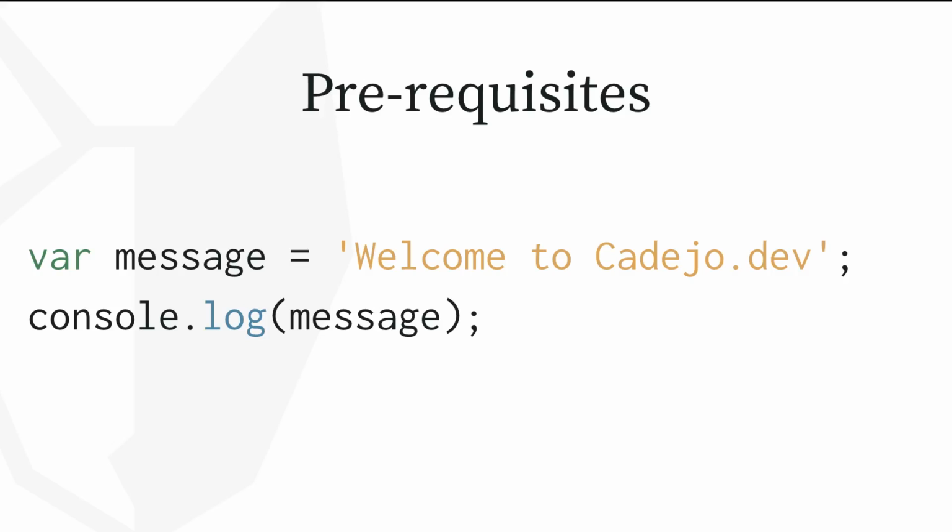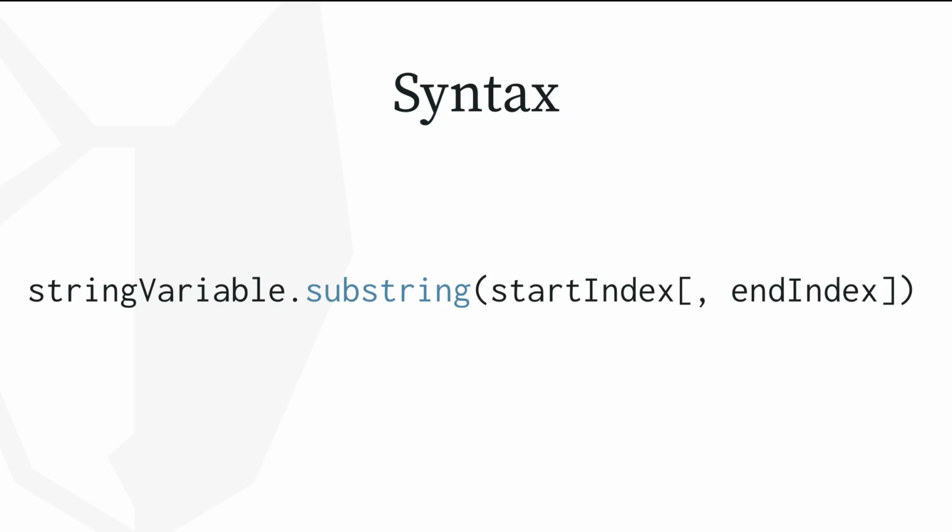Okay, so let's talk about the substring function. But before using the function in the code, I want to talk about how the function looks. In JavaScript, we use the word syntax to describe how a function looks and how a function is going to be used. Technically, any single aspect of the language can be described with its syntax. So the JavaScript substring function, its syntax looks like this.